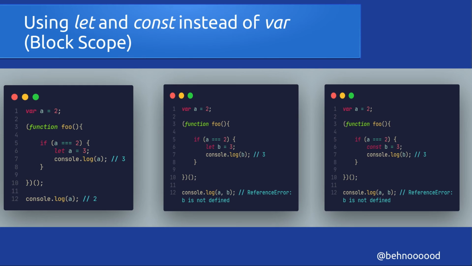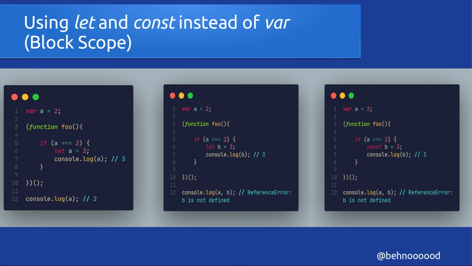Using let and const instead of var. So let's see what happens when we replace var with let and const. If you run the first example, you'll see 3 and 2 in the output. How about using another variable like b? This time you'll get the reference error: b is not defined.